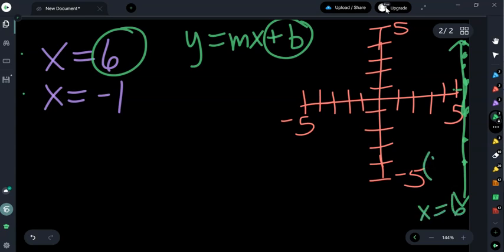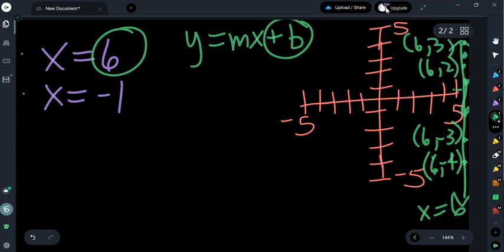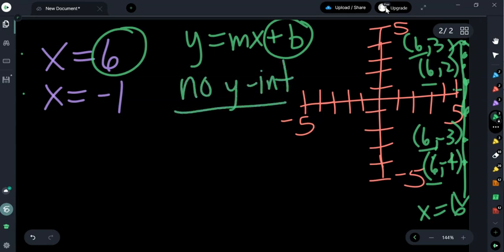This point is going to be (6, -4). This point is (6, -3). This point is (6, 2). This point is (6, 3). You get the idea. Everything is 6. So there is no y-intercept for this equation.